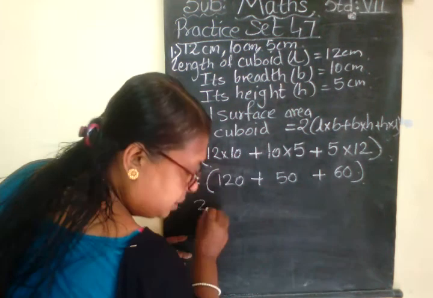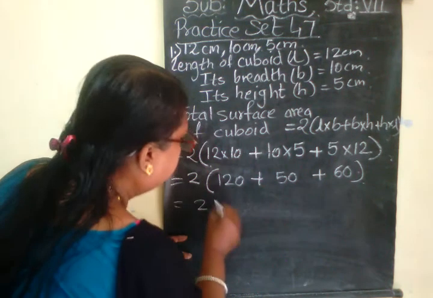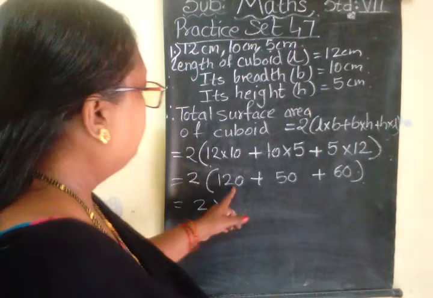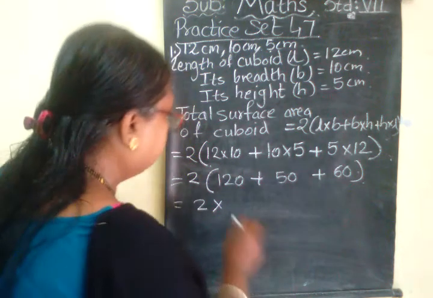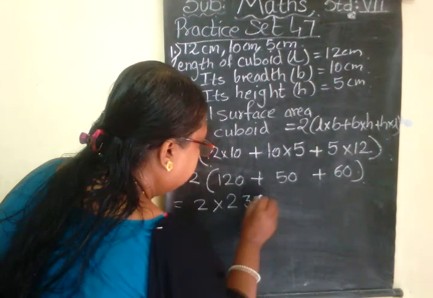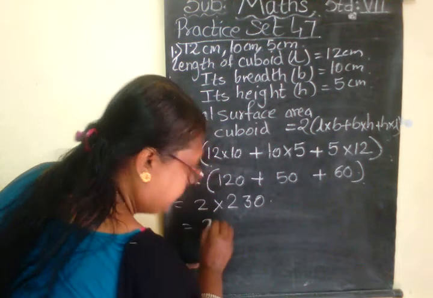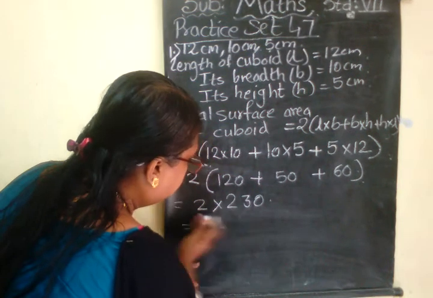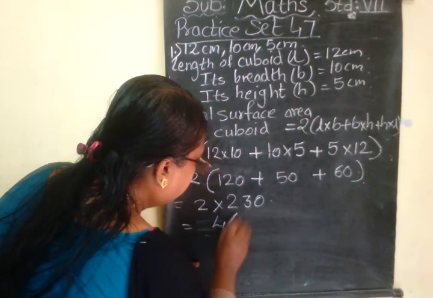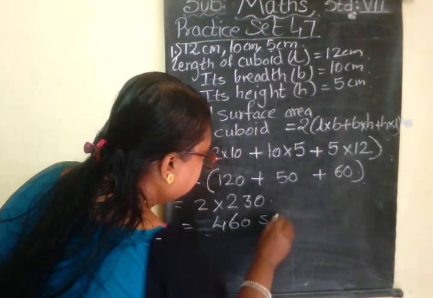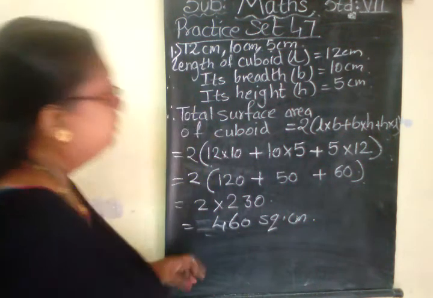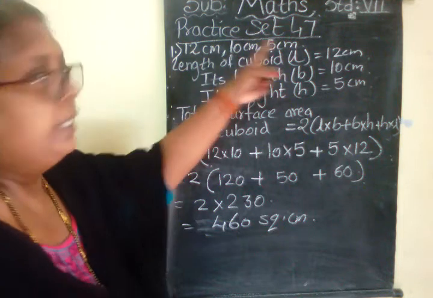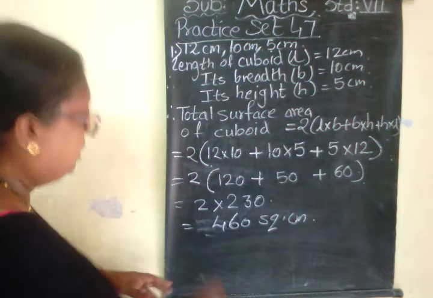This gives me 2 multiplied by 120 plus 50 is 170, 170 plus 60 is 230, and this gives me the answer 460 square centimeter.